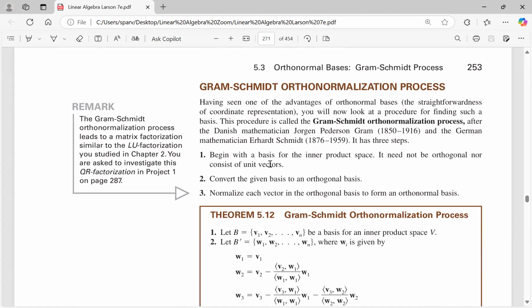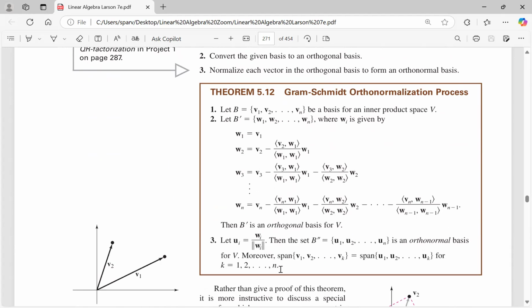Okay. Now, having done that, let's talk about Gram-Schmidt orthonormalization. So the question that Gram-Schmidt is trying to address is this: how do we find an orthonormal basis?